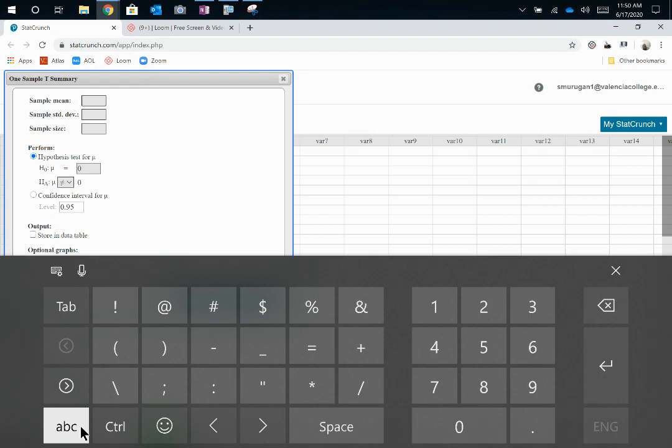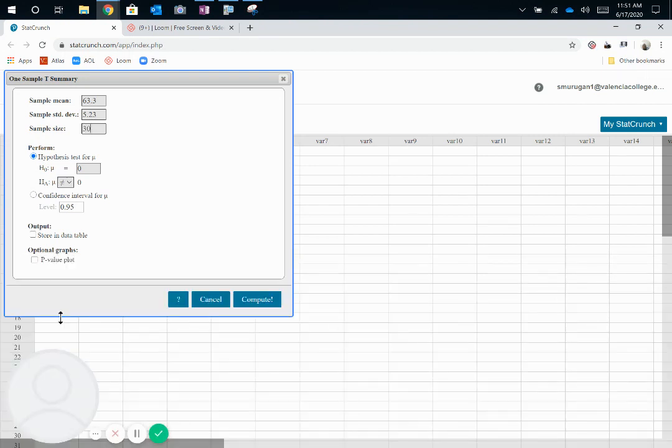So the sample mean is 63.3. The standard deviation is 5.23. And the sample size is 30 samples. Okay. Notice that we're selecting confidence interval of 0.95 or 95% in compute.